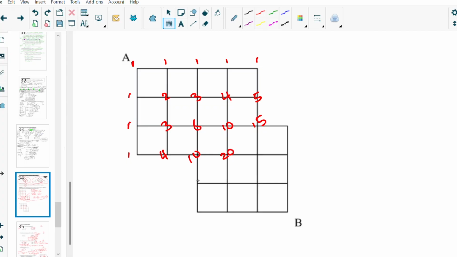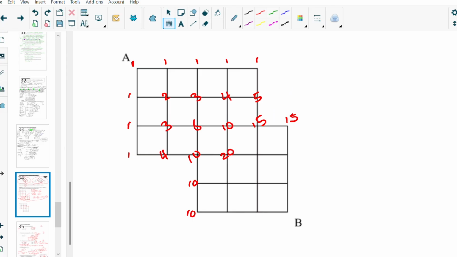What's this number? Imagine a 0 out here. 10 and 0 is 10, so that's just 10. The edge is going to keep being 10. This one, the edge is 15. Imagine a 0 out here. 15 and 0 is 15.